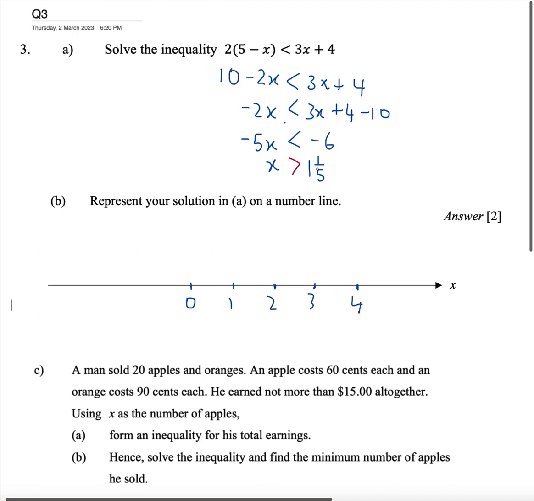And this is 1 and 1/5, which is here. Now, since the expression is more than 1 and 1/5, 1 and 1/5 is not included. So we use an open circle because 1 and 1/5 is not included in the answer.